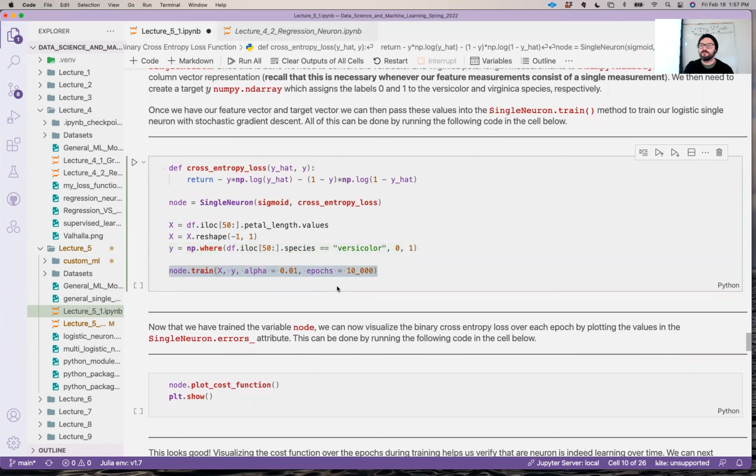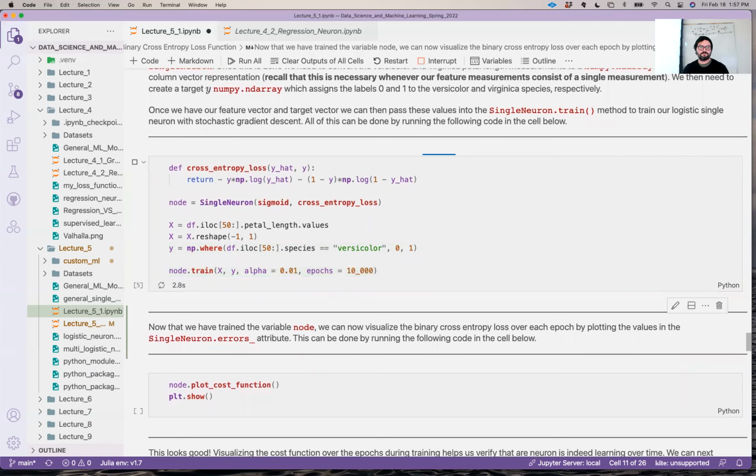And then I train. I call my train method. I happen to do 10,000 epochs. I don't know why that's so big, but whatever.